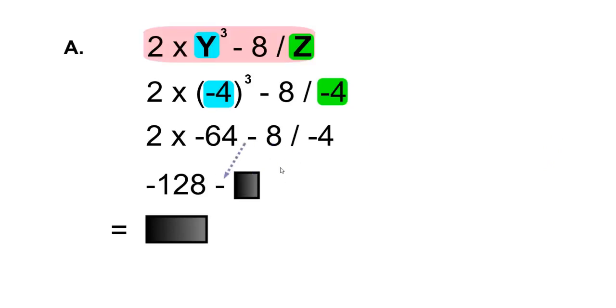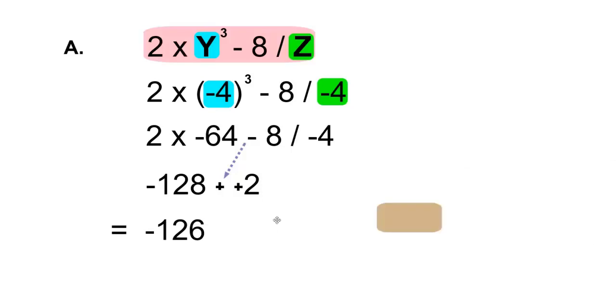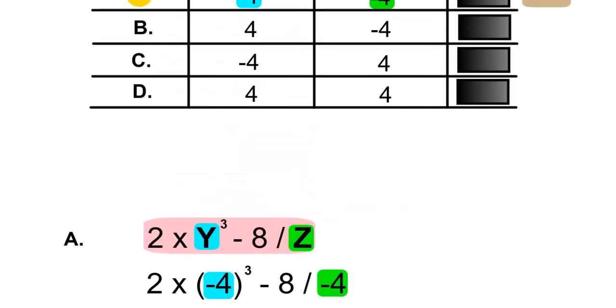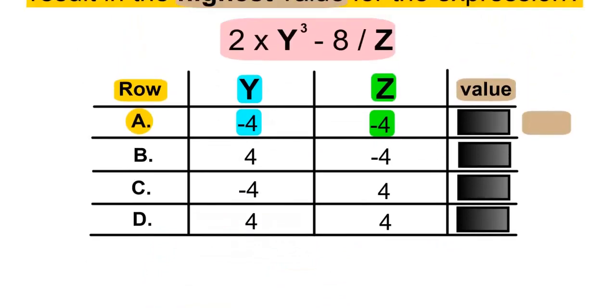Bring down the subtraction sign. 8 divided by negative 4 is negative 2. Since we're subtracting a negative, we'll add the opposite. Negative 128 plus 2 is negative 126. So the value for row A is negative 126.